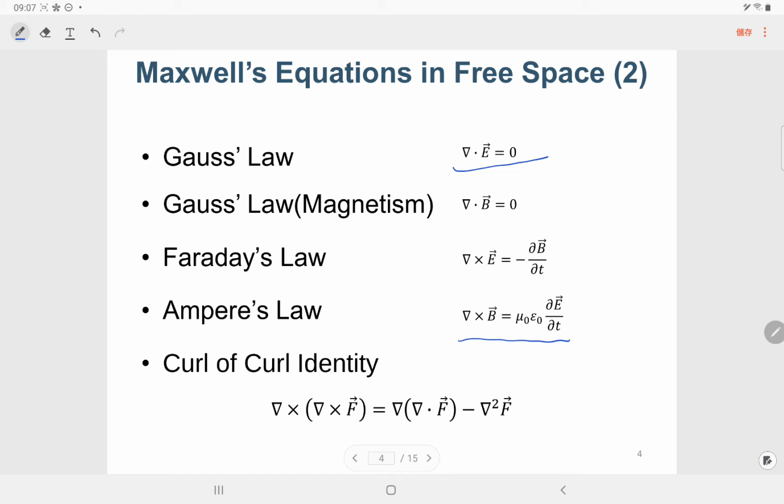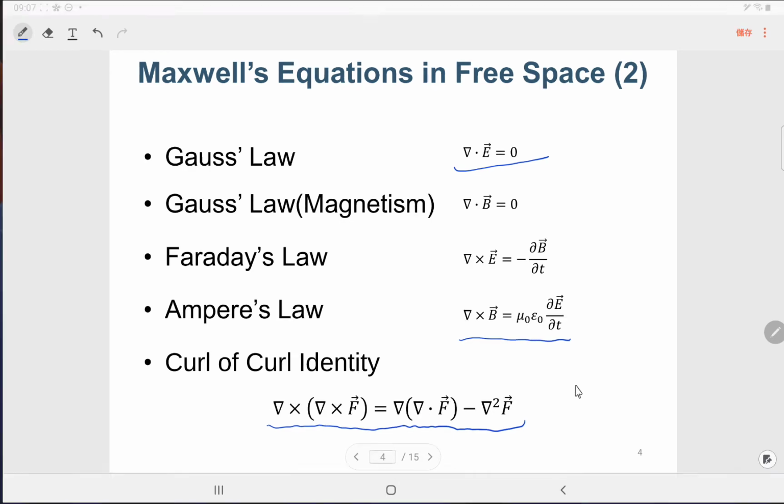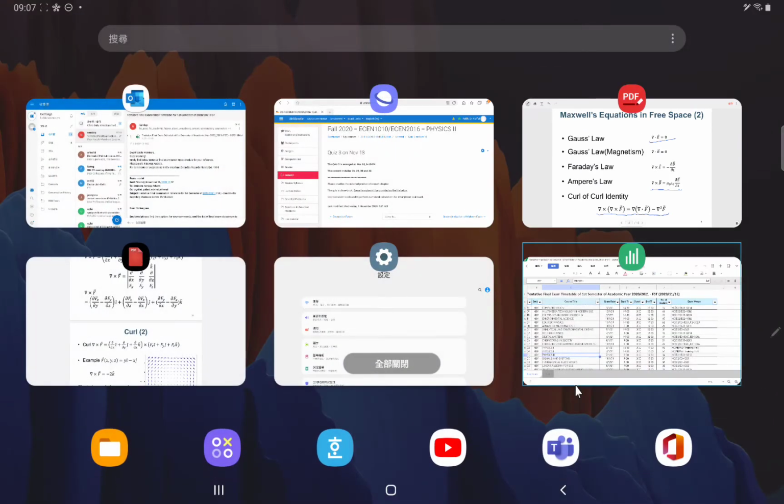And actually, we need to know this curl of curl identity. You can check this one on Wikipedia, or you can just follow the definition.